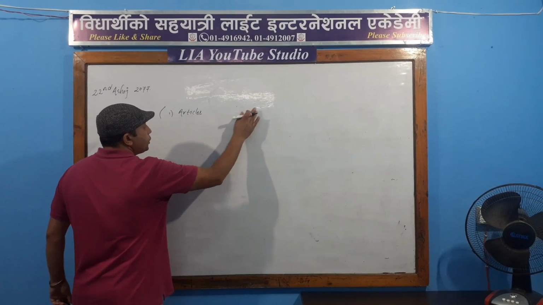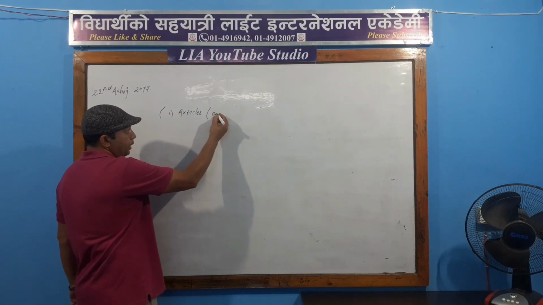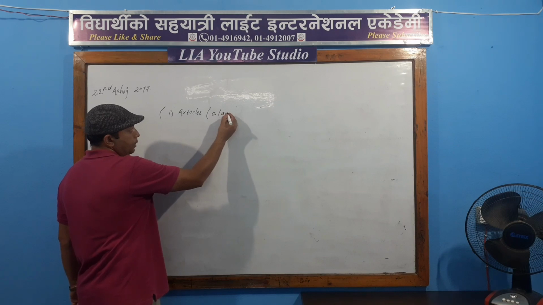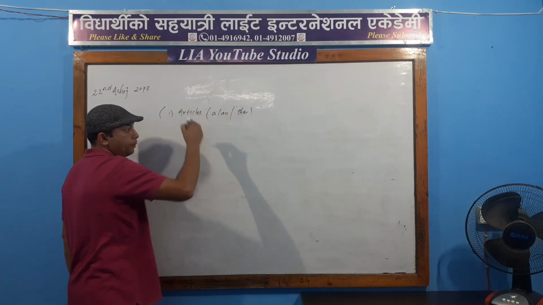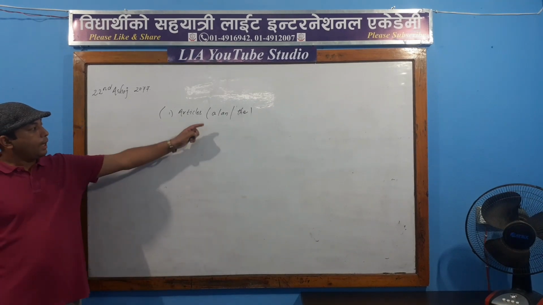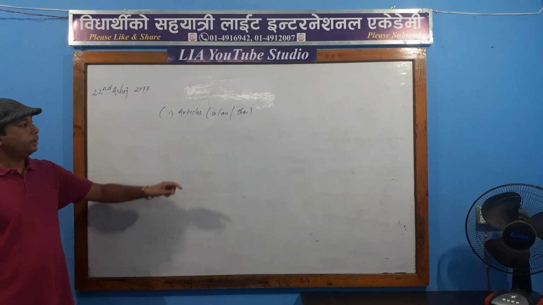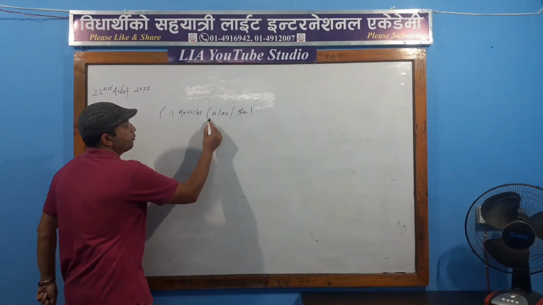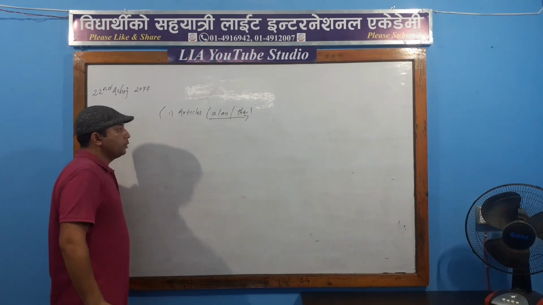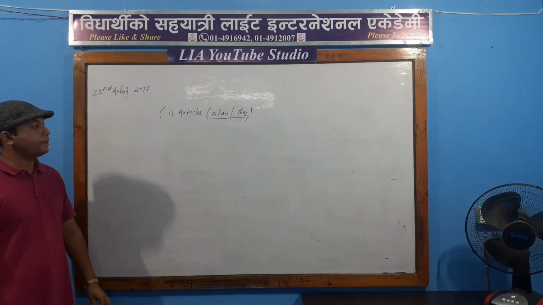So there are three articles only in English grammar. So they are a, an, and the. Okay. So among them, these three articles, we have to classify into two parts.